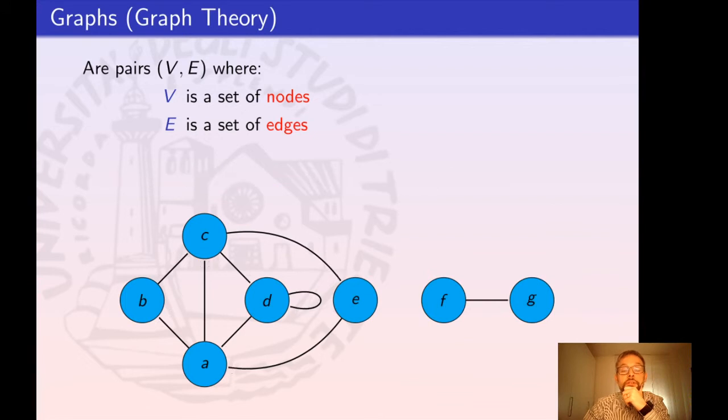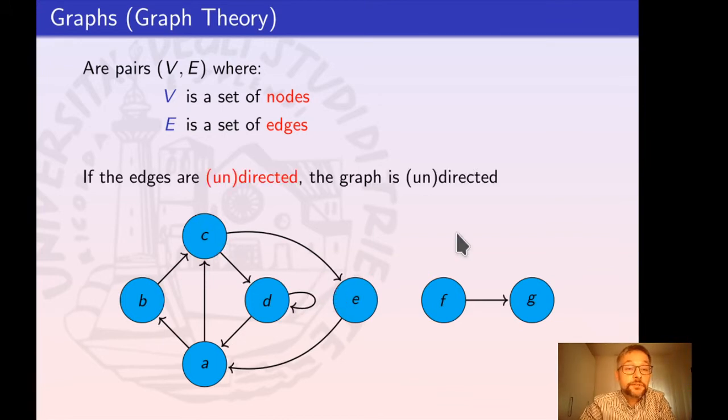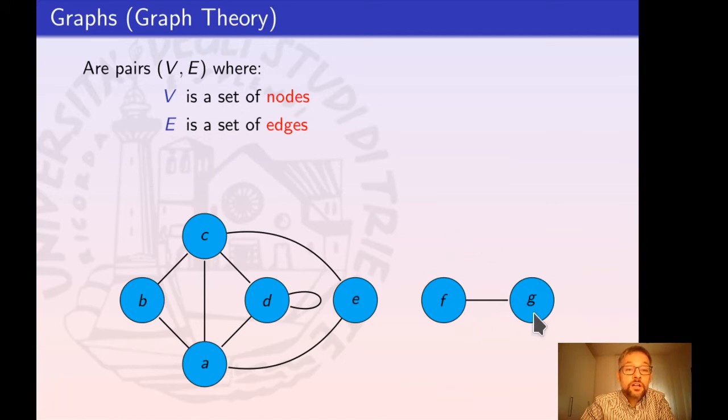So depending on whether the edges are directed or undirected, you may have two kinds of graphs. In an undirected graph, such as the one you can see here, we don't have any direction to go through on the edges, so you can move from the node C to the node E, and from the node E to the node C, and this is everything you can do on this edge.